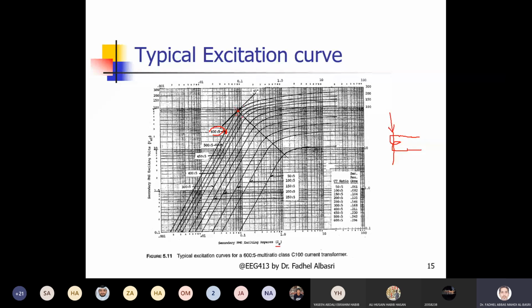How do you find the knee point? We have two definitions for it. Similarly, there is a knee point for the other CT ratio, the 500 to 5 ratio curve, and this is the knee point for the other ratio, 50 to 5, and so on. This is a multi-ratio CT.